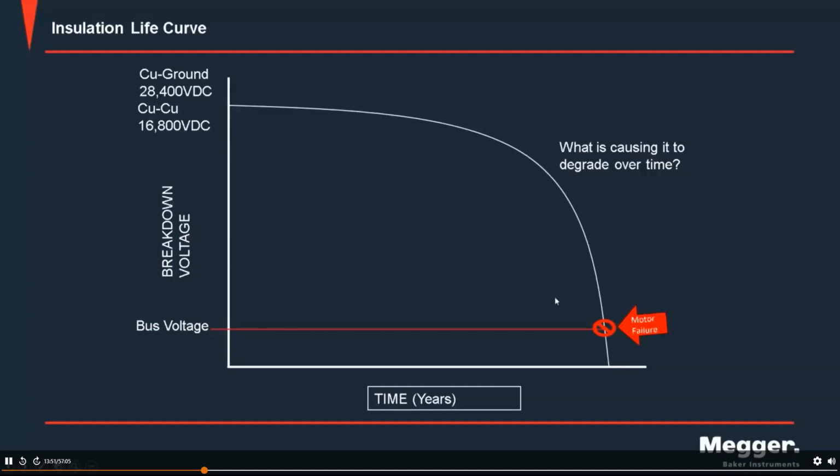All chaos ensues. So we'd like to be able to tell earlier where we are in this curve so that we don't have to react. We can be proactive about our maintenance decisions based on the actual condition of the insulation and not wait for it to find us, right? So that's the goal of broadening our testing endeavors.